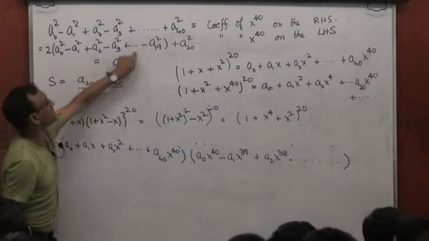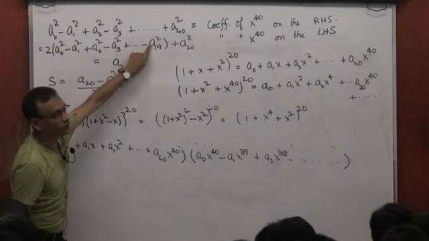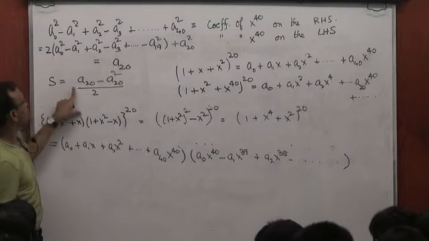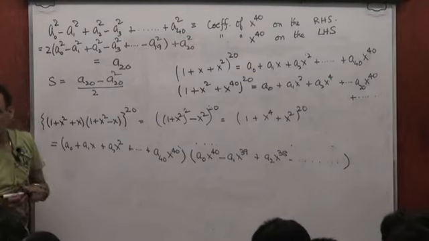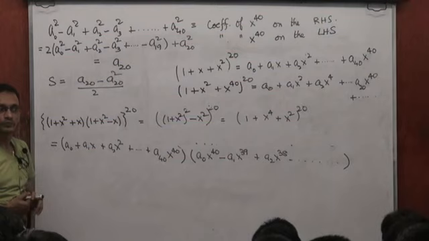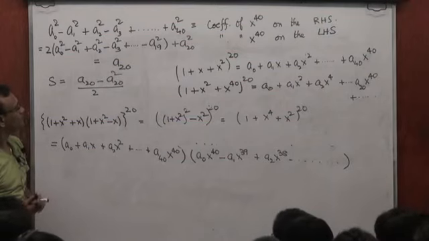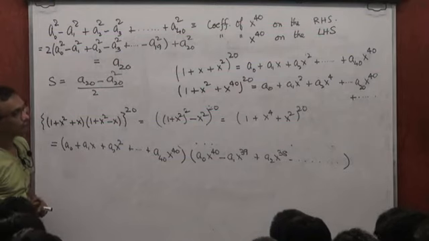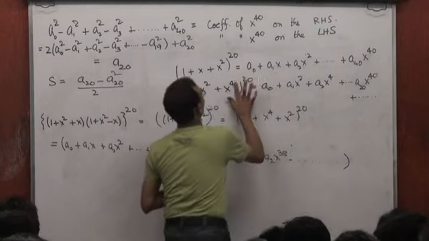That's the required sum, a0 squared minus a1 squared plus a2 squared minus a3 squared, etc. S is a20 minus a20 squared by 2.